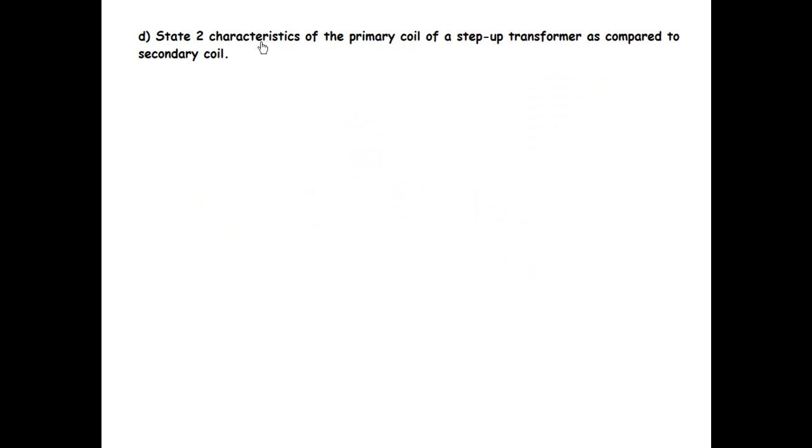Next question, state 2 characteristics of a primary coil of a step up transformer as compared to secondary coil. Now, a primary coil of a step-up transformer definitely has lesser number of turns as compared to the secondary coil.